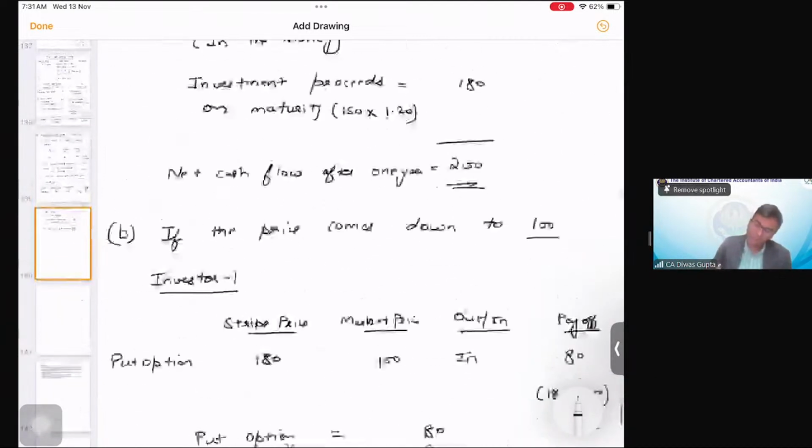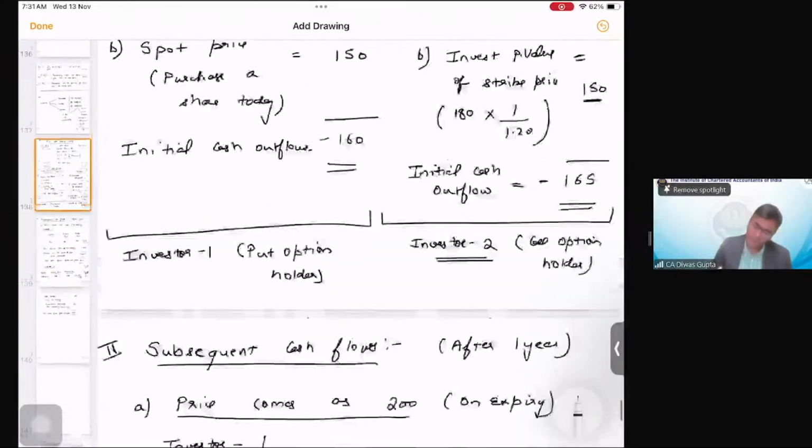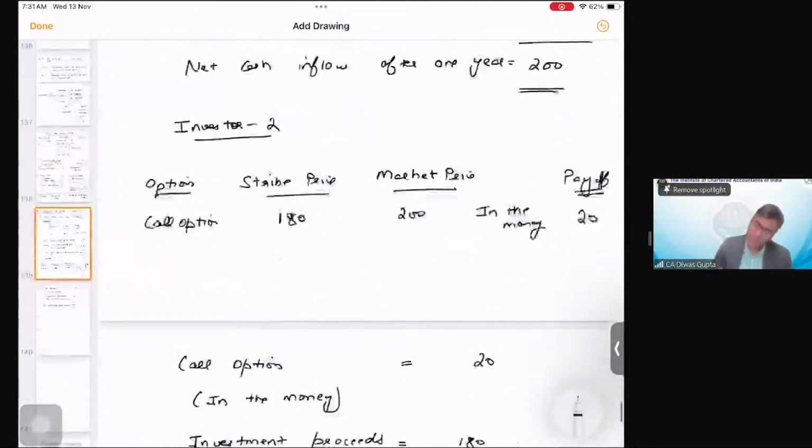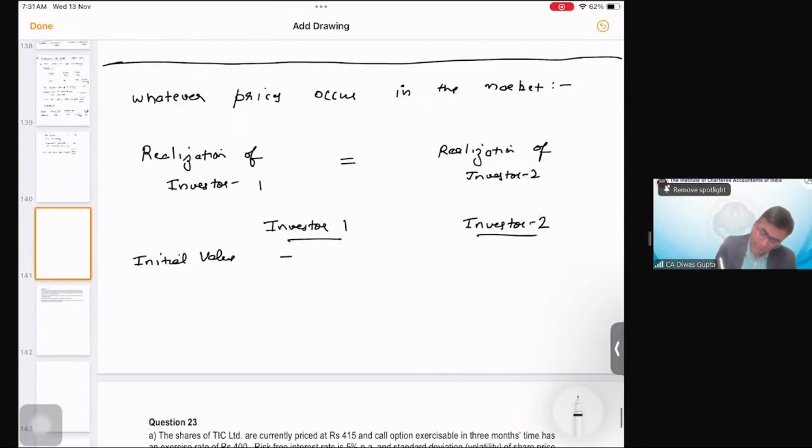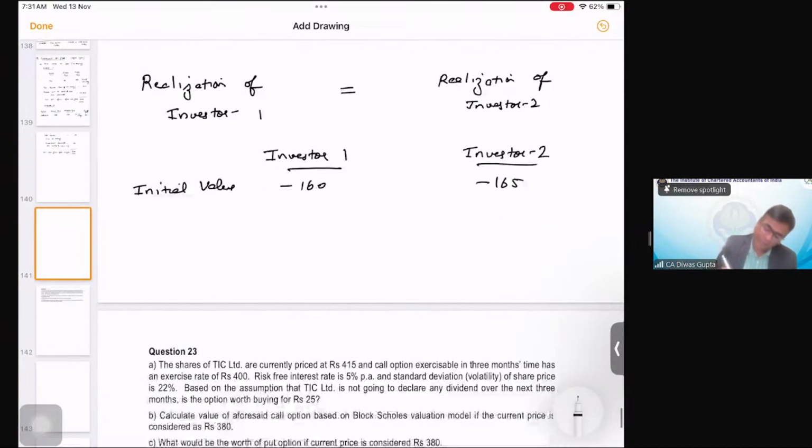For investor 1, it was 160 or 165. Yeah, 160 and 165. It was minus 160, minus 165, right? Subsequent value, if we take the first case or second case, first case has given us 200, second case has given us 180.